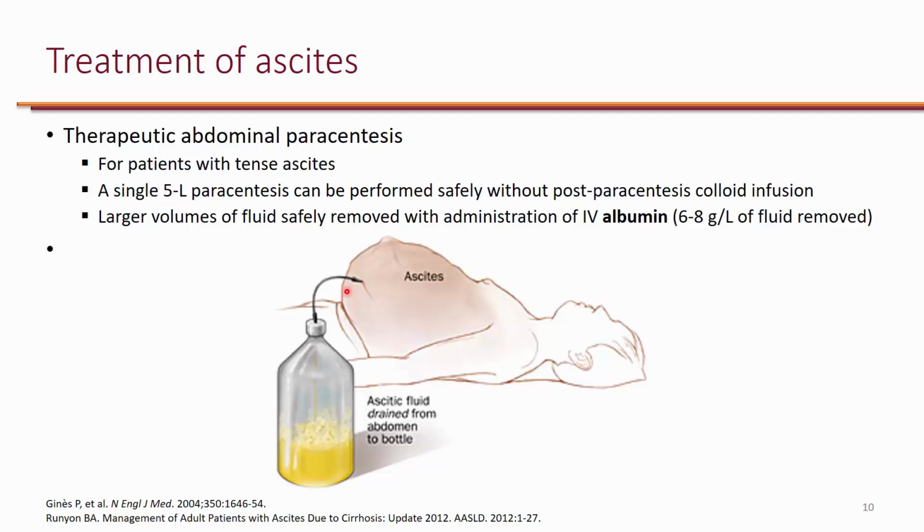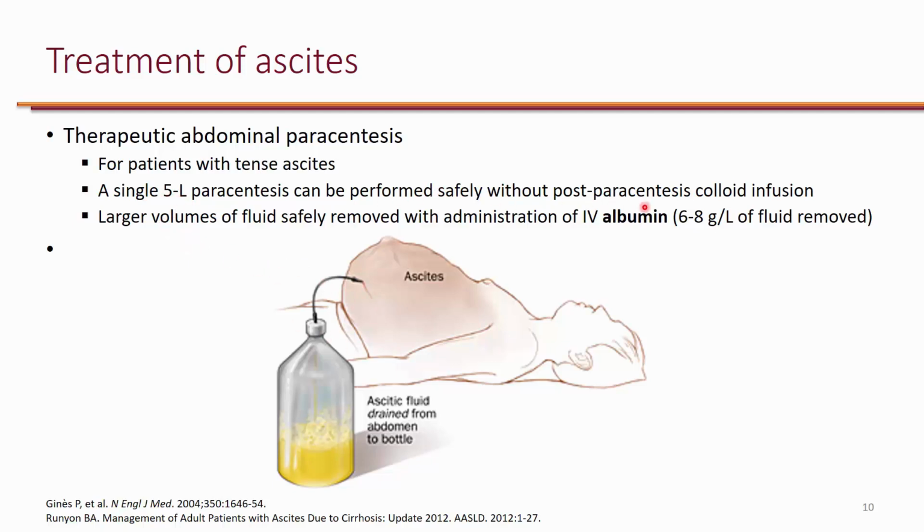That can be dangerous, because if the body takes all the fluid out of circulation to fill the peritoneal space, the patient's blood pressure will drop and potentially the patient can go into shock. Up to 5 liters of fluid is pretty safe, so you can easily draw 5 liters without endangering the patient. But beyond 5 liters, it becomes dangerous.